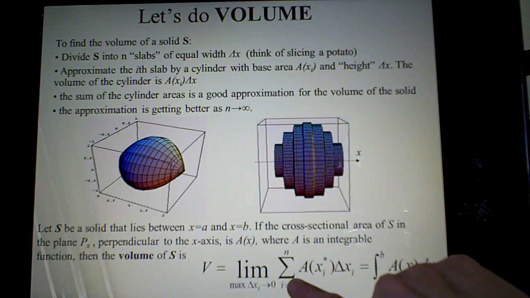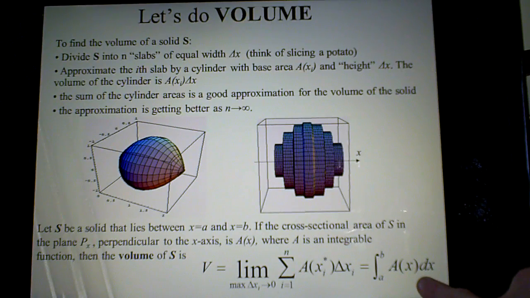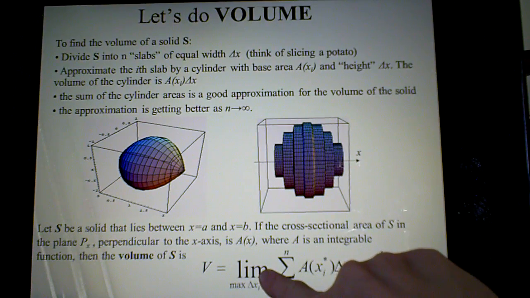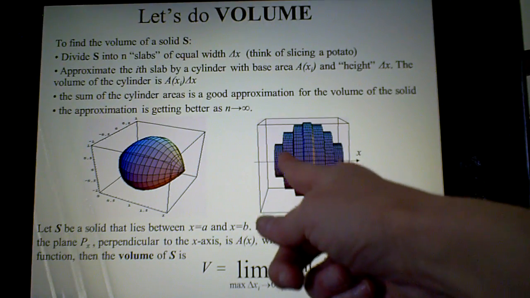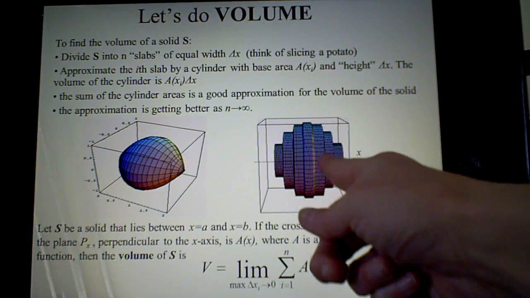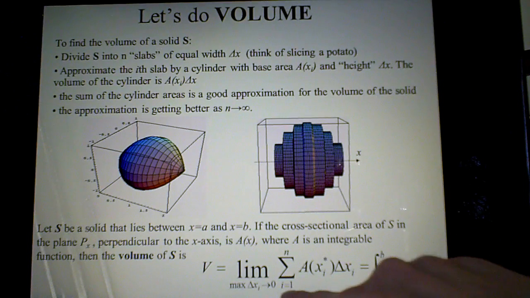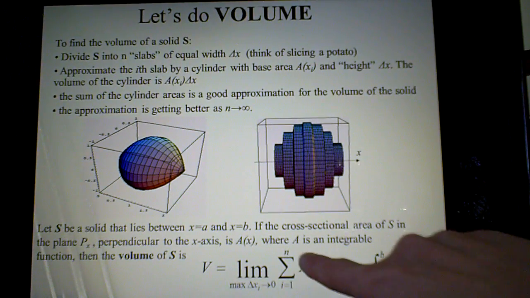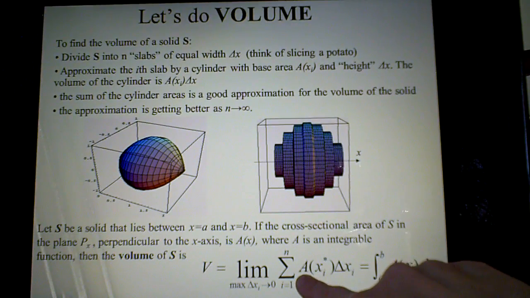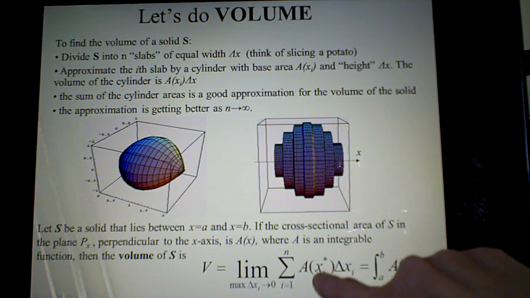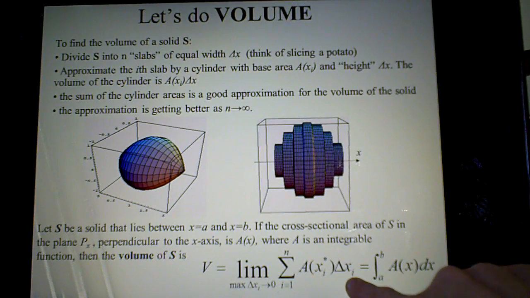So here is Riemann, and here's Leibniz. So the limit as you take delta x to 0, that means you're making infinitely thin slices here on the x-axis, from your first slice to however many you need, infinity, remember? And here's the area of x stuff times delta x.